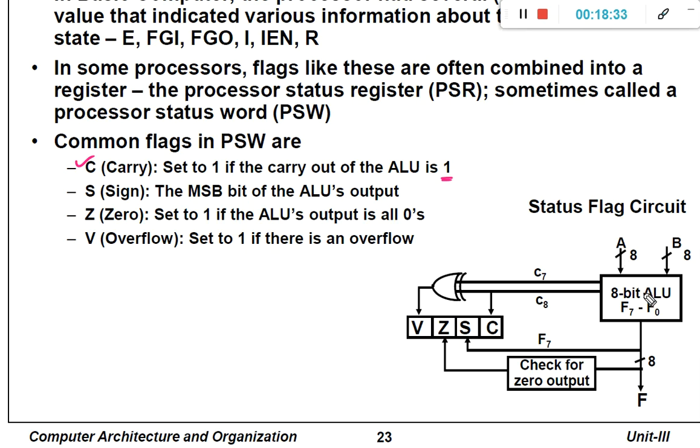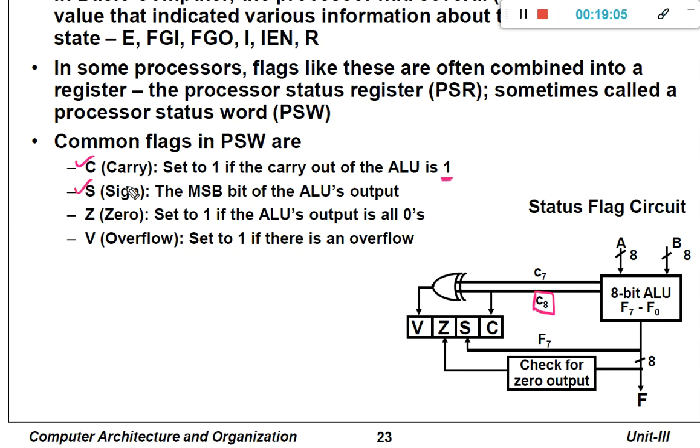Here you can see in this diagram the status flag circuit. We are giving inputs F0 to F7 to perform a specific operation. After the operation is performed, you can see here C8 is the carry bit. If the carry bit is 1, then we are going to set the carry flag to 1.